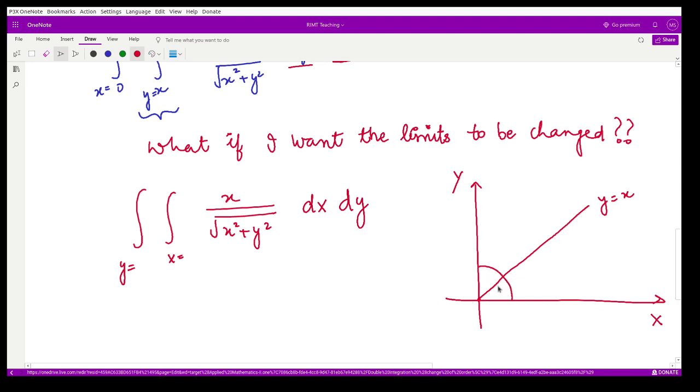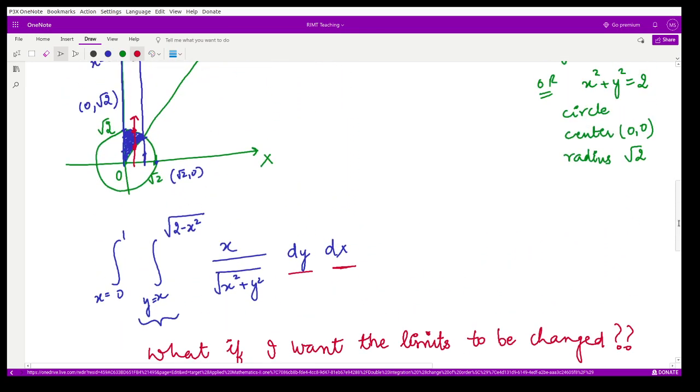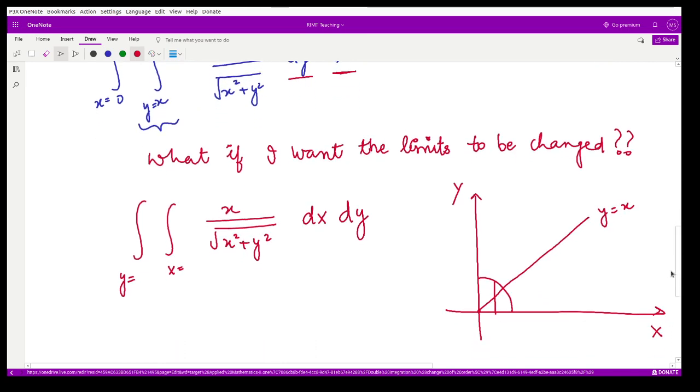And you have the line x is equal to 1, this is x is equal to 0, this is y is equal to square root of 2 minus x square, and your region was this one. Now instead of taking a vertical line here, you will take a horizontal line, right?